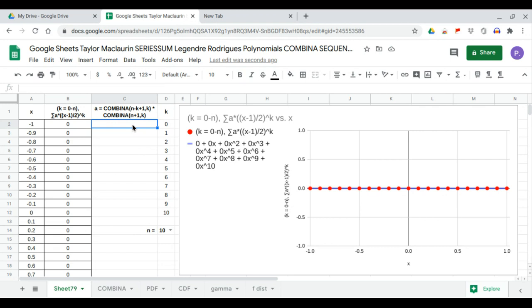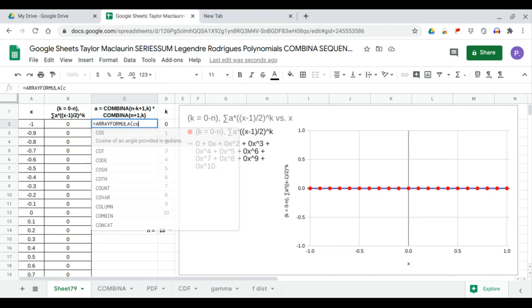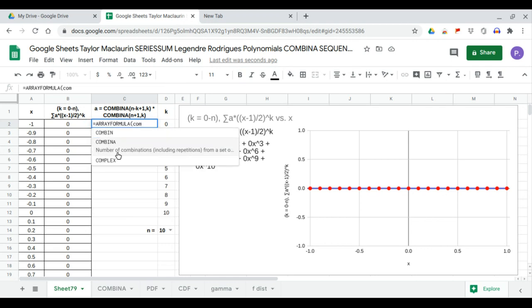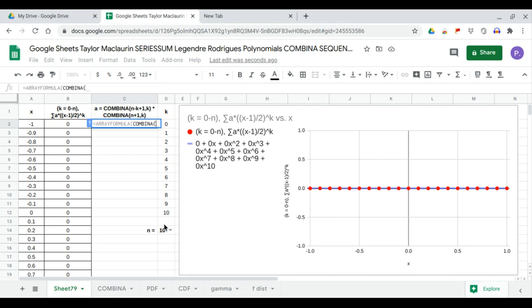So we now complete the coefficient, which is equal to array formula, COMBINA. This time we use COMBINA of n minus k plus 1, comma k.